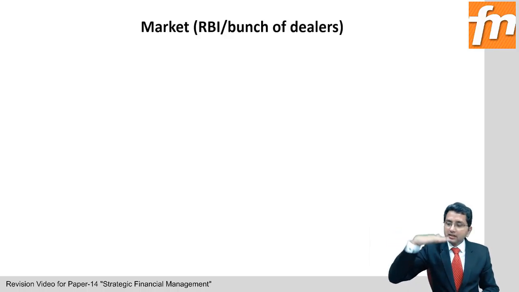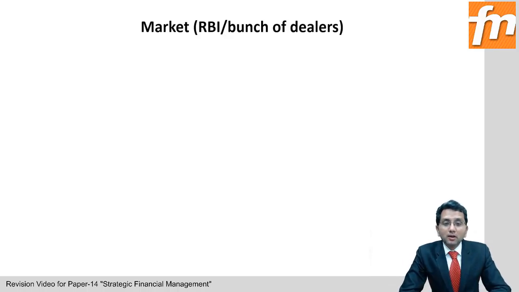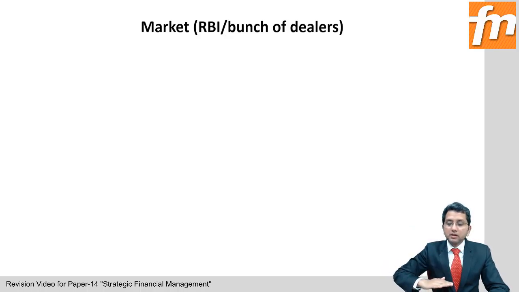of India. Then the other person dealing here is the foreign exchange dealer, or simply a bank. And at the bottom, the third person dealing in this market is the customer, that is the importer or the exporter, borrower or the lender, as the case may be. So you have the market, the dealer, and the customer.